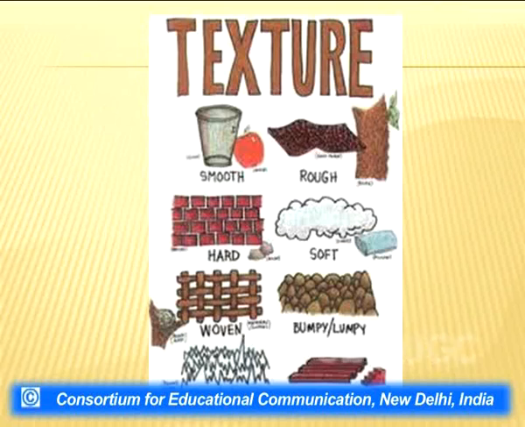Let us look at an example of the various forms of textures. Texture can be smooth, texture can be rough, texture can be hard like bricks, texture can be soft like cotton, texture can be woven. If you see all the fabrics that are there, they are all woven, and any changes in the warp and weft will create different textures.